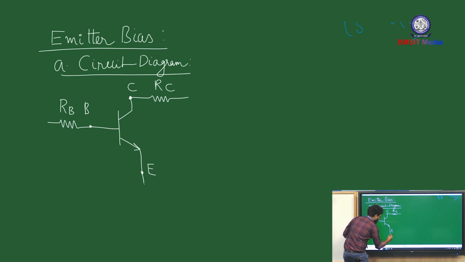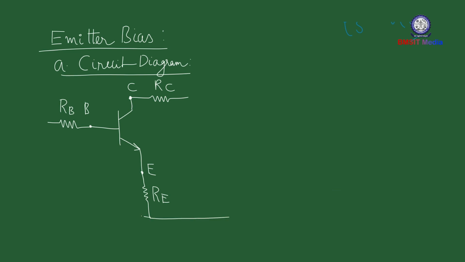And we are also going to place a resistor at the emitter side, which is called the emitter resistor, and place the power source VCC.